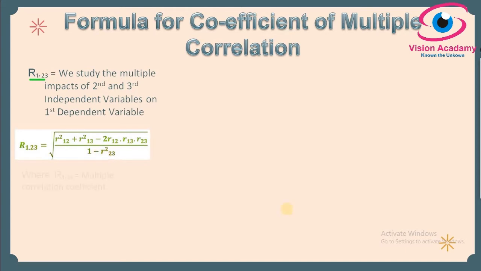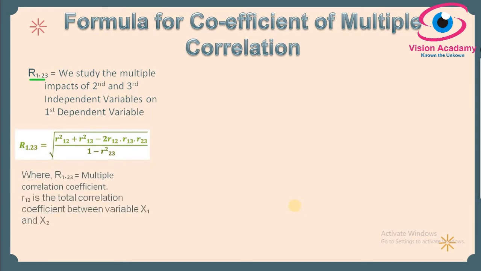Here R1.23 is the multiple correlation coefficient, and we have R12, R13 and R23. Those three values are very important. What are R12, R13 and R23?